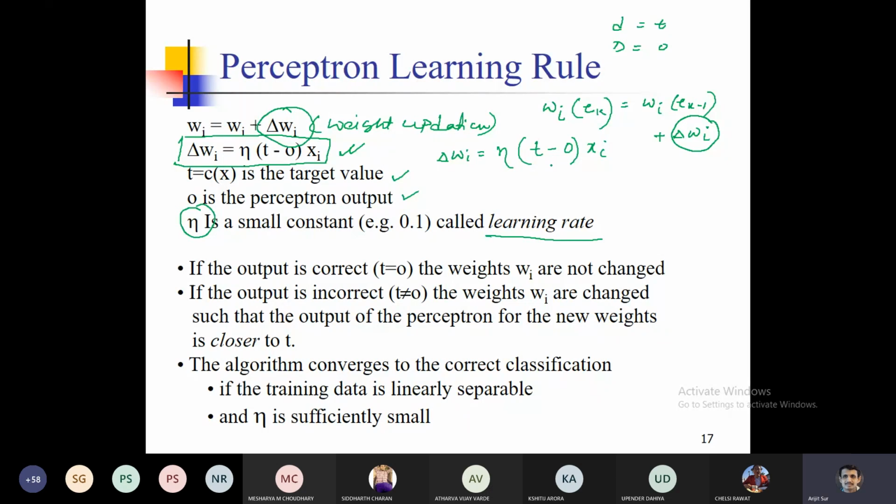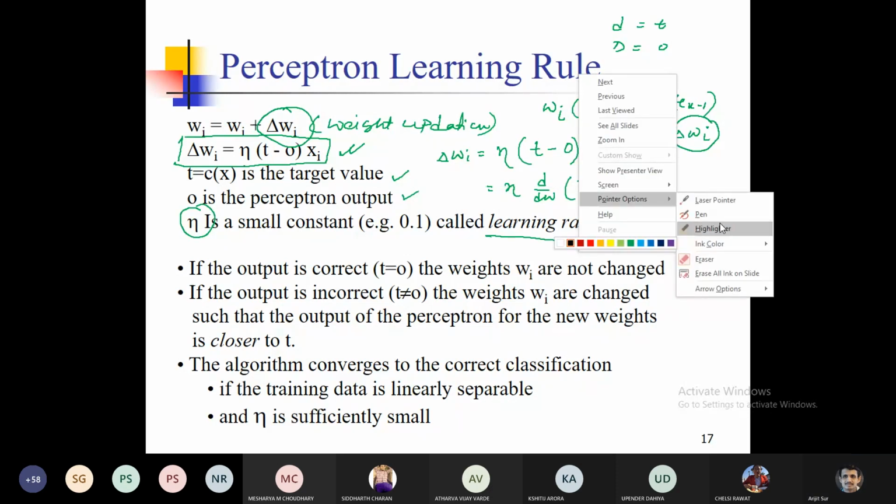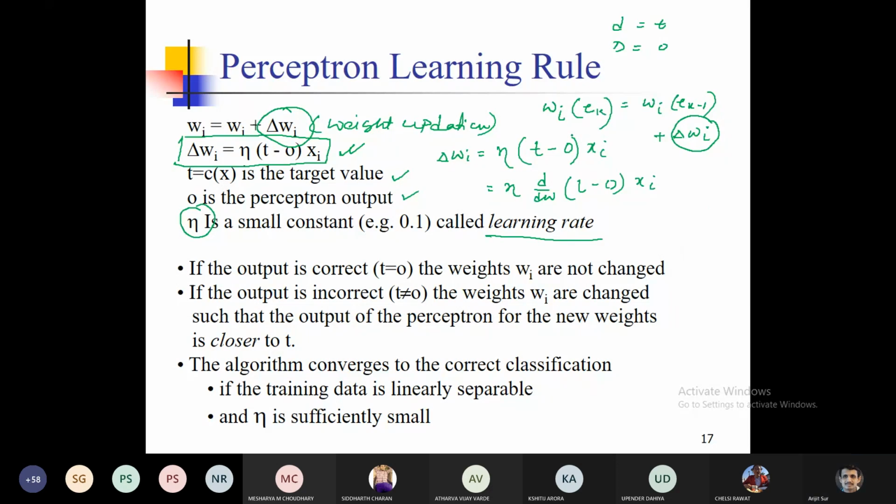Here, what we are going to do is not just the difference, it is the rate of change of this difference, multiplied by xi. And what is this eta?